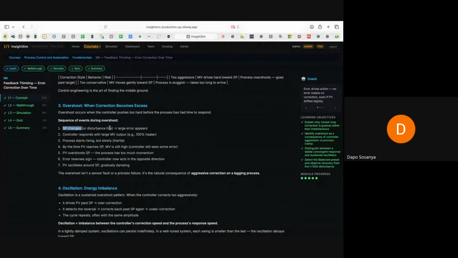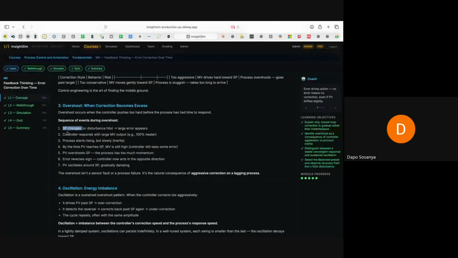Let's assume the process is in a steady state. If you change your set point, it is going to influence the error. Or if a disturbance occurs, it is also going to influence the error.